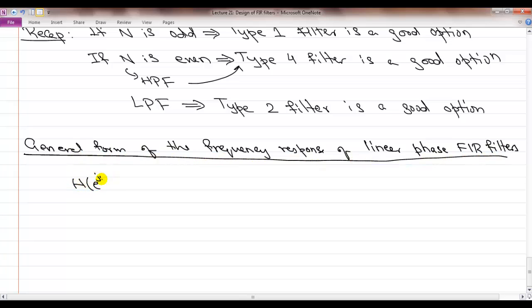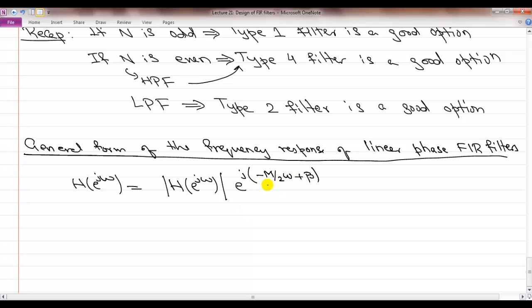These kinds of filters always have the frequency response given by the magnitude response, absolute value of H of e to the j omega, times e to the j minus M by 2 omega plus beta. So causal linear phase FIR filters with real coefficients always have this form.